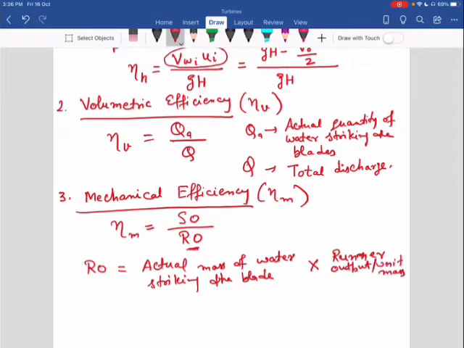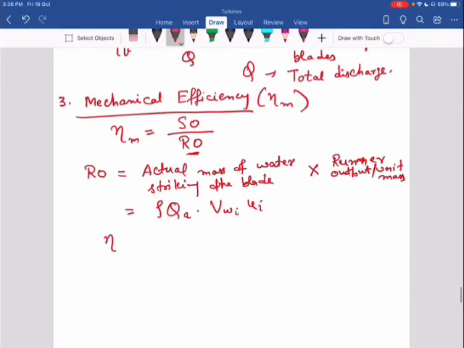So this comes out to be equal to rho QA, the mass, multiplied by VWI UI. So I can write mechanical efficiency is equal to shaft output divided by rho QA VWI UI.